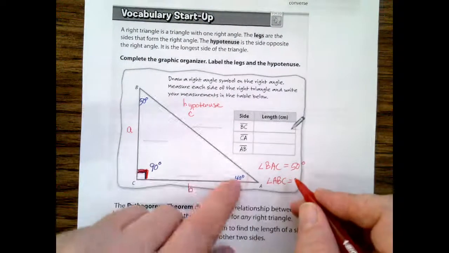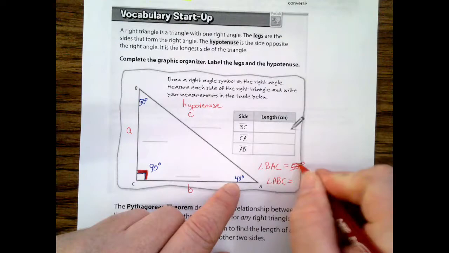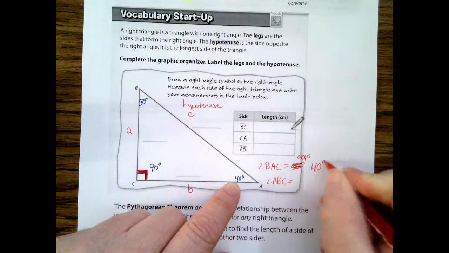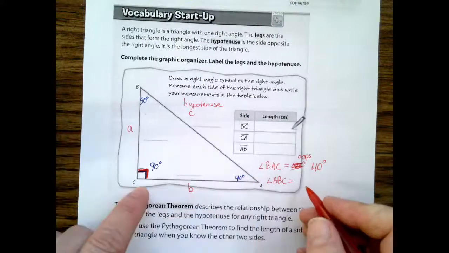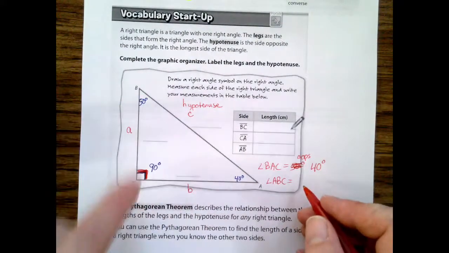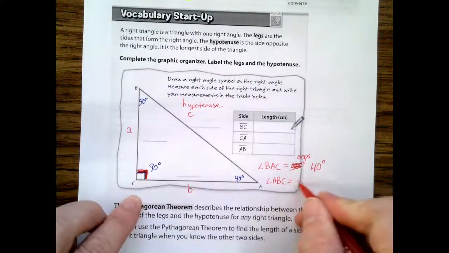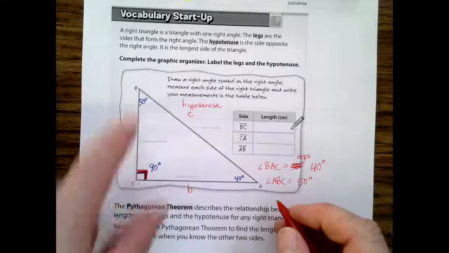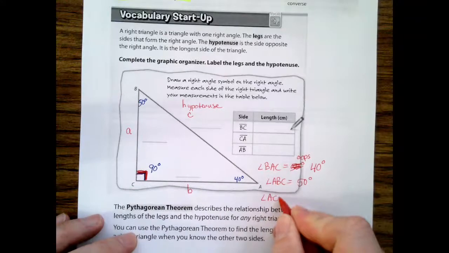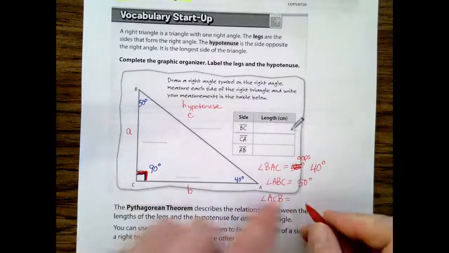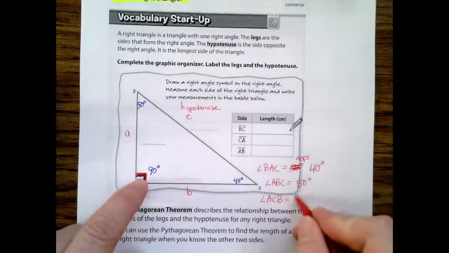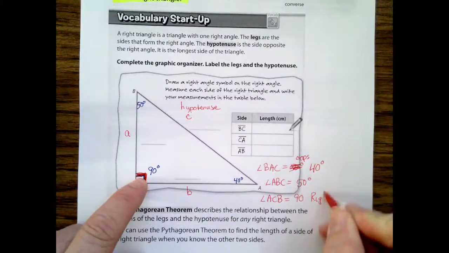BAC is not 50 degrees. Oops. It's 40 degrees. And then ABC is 50 degrees. And then angle ACB, and we're labeling it with 3, ACB is 90 degrees. That's our right angle.